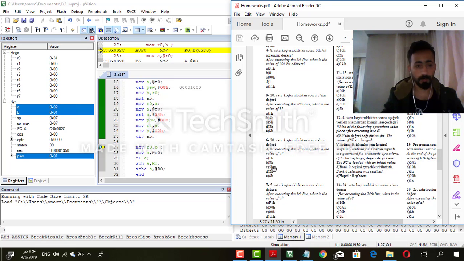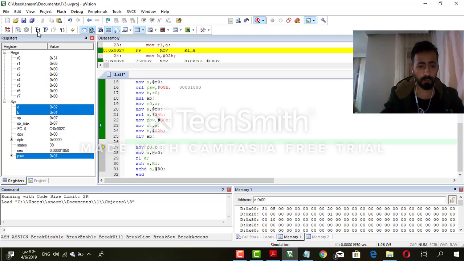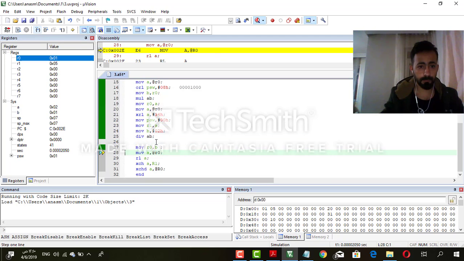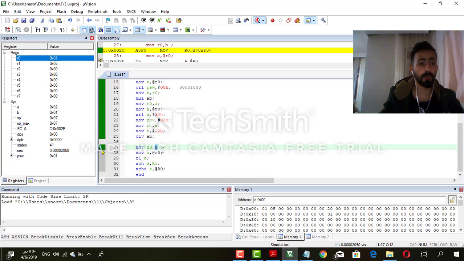Next step, we will move b to array 0 in bank 0. So the new value of array 0 will be the value of b, so it will be 1. After that, we will move the value which is pointed to by array 0 to a.